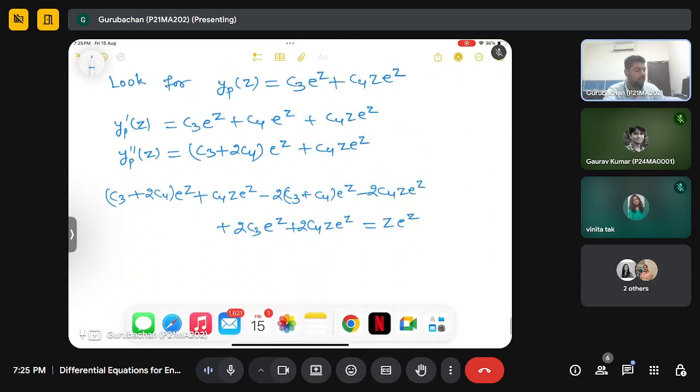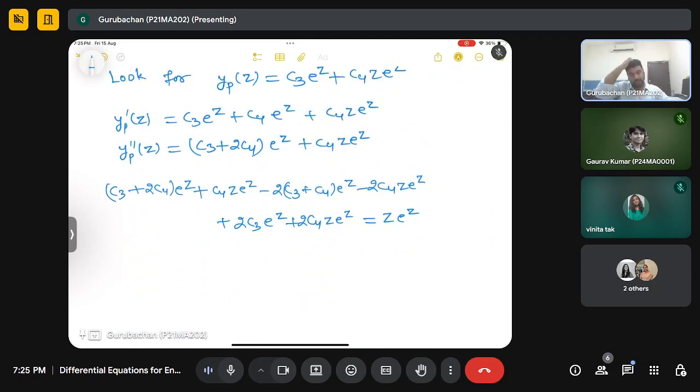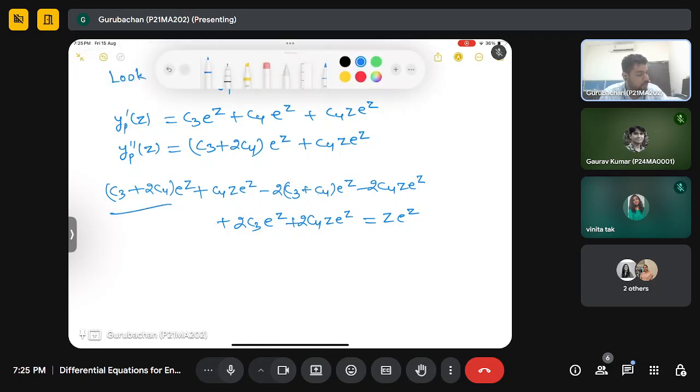From here we need to compare the coefficients. Comparing the coefficient of z e to the power z, it will be 1 from the RHS, and on the RHS the coefficient of e to the power z is 0. For simplicity, we first compare the e to the power z coefficients: one is this, one is this, and this one.